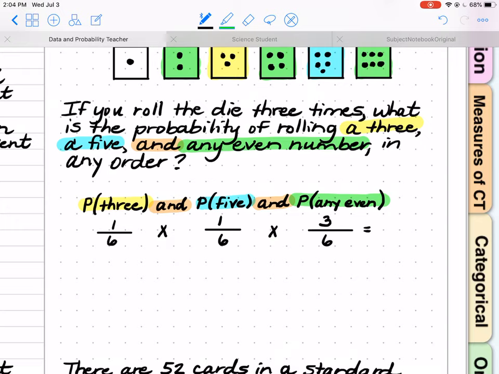I cannot say that word. I'm sorry. I never could. So 1/6 times another 6 times 3/6 is 1/72. So that's your probability as a fraction.